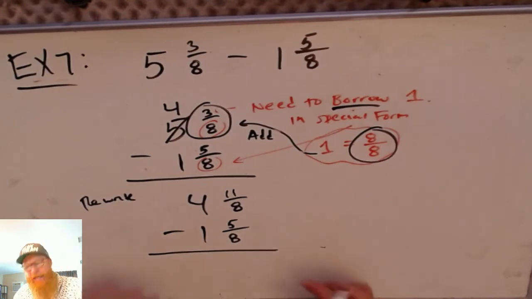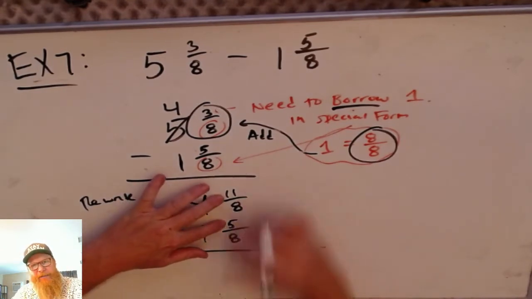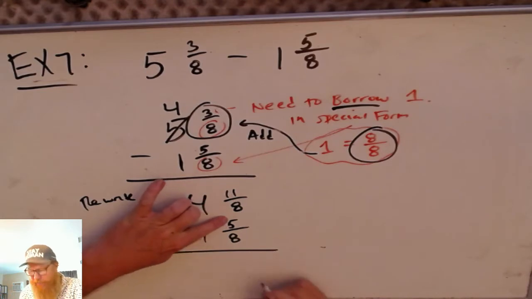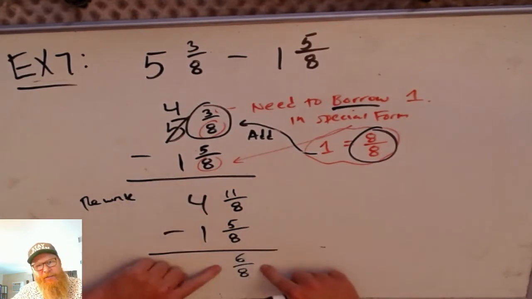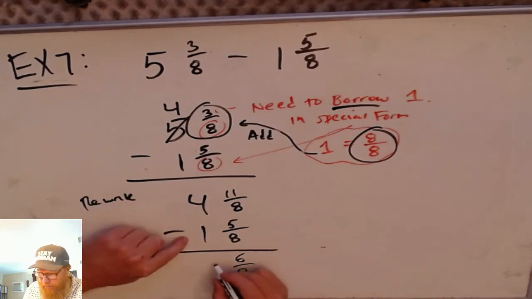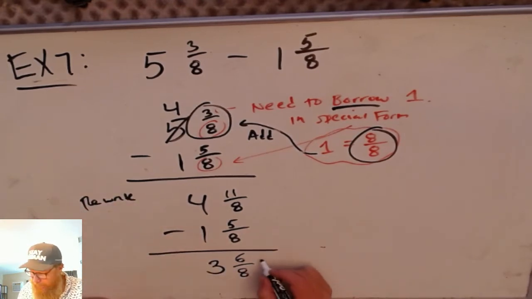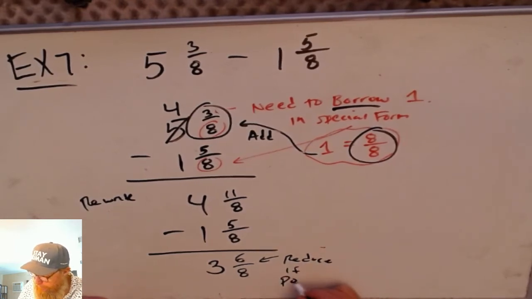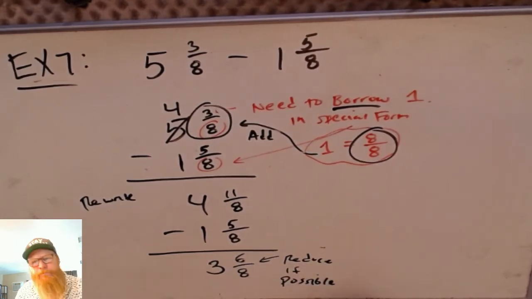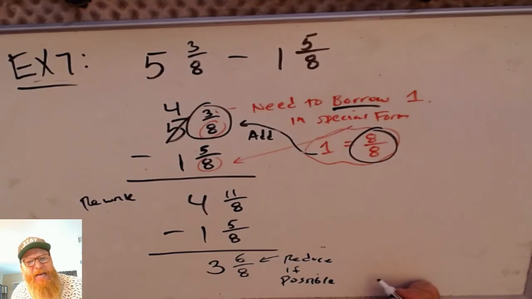All right. Now you can subtract. 11/8 minus 5/8 is 6/8. And then 4 minus 1 is 3. Reduce or simplify if possible. Can we reduce 6/8?